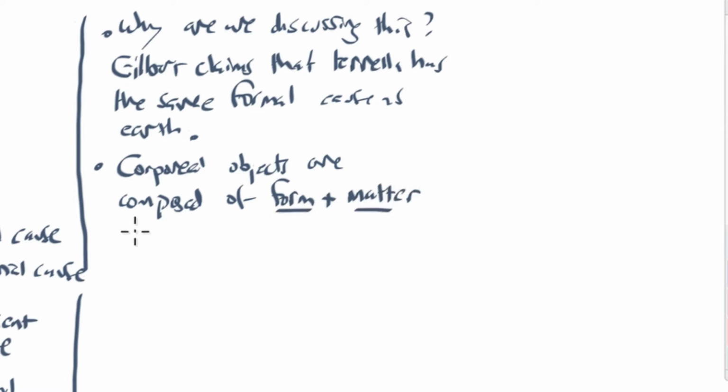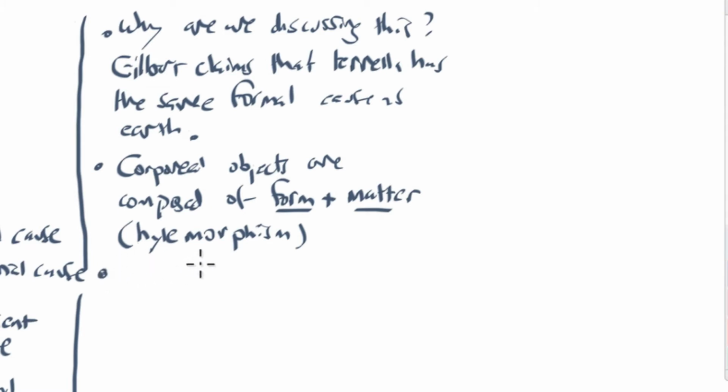By the way, if you're interested, this is a doctrine called hylomorphism. It's a Greek word. Morph means form. Hyle means matter. It's technically more like wood, but it's basically matter and form.